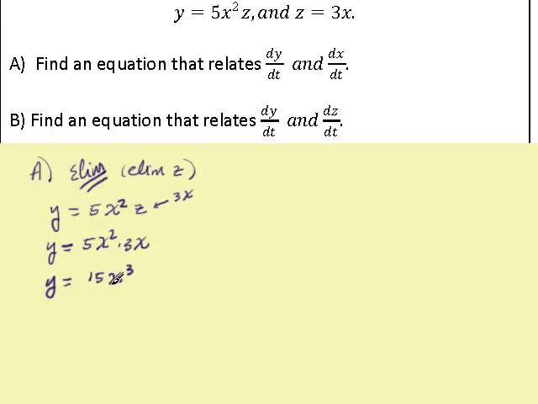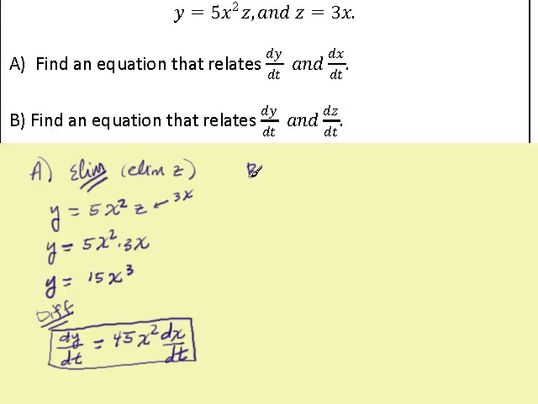We only have y and x in here, so just differentiate with respect to t. So the next step is the differentiating step. And we have dy/dt is equal to 45, bring down the 3, 45x squared dx/dt. And that's as far as we're going here.